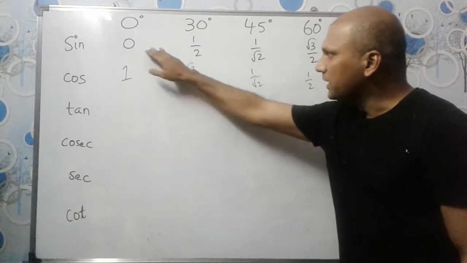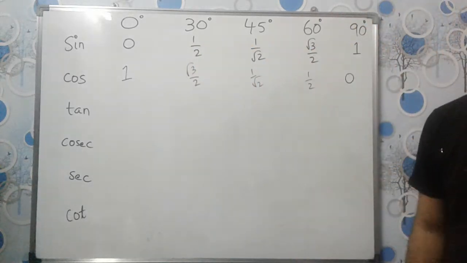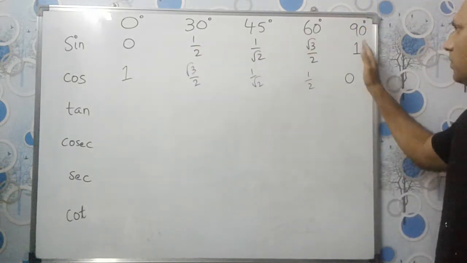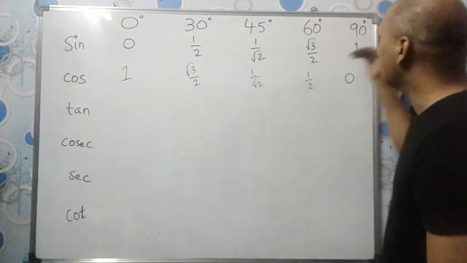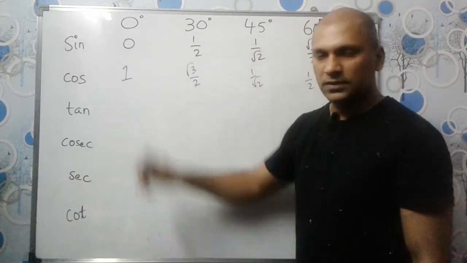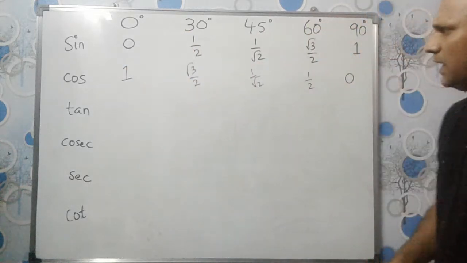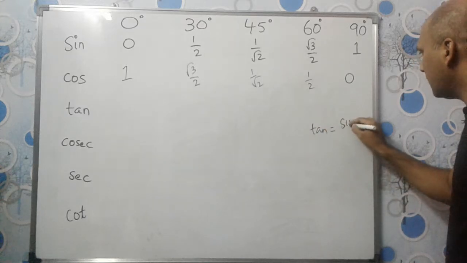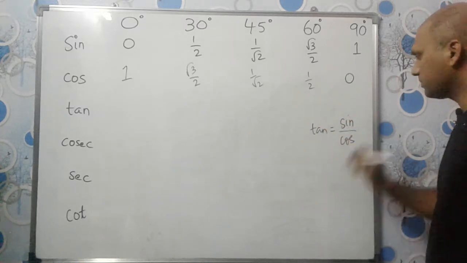Okay, so it is important to memorize the first line. So sine is 0, 1 by 2, 1 by root 2, root 3 by 2 and 1. How did we write cos values? The reverse of sine.